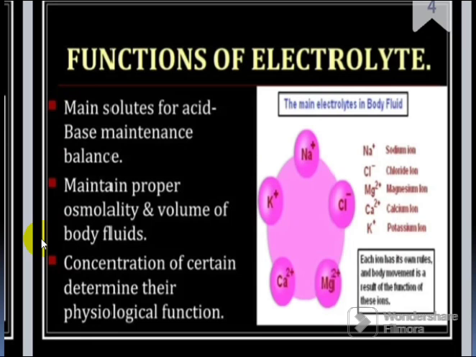Number B, they help to maintain proper osmolarity and volume of body fluid. I think these are the two major functions of electrolytes found in the body fluids, but they have other functions.